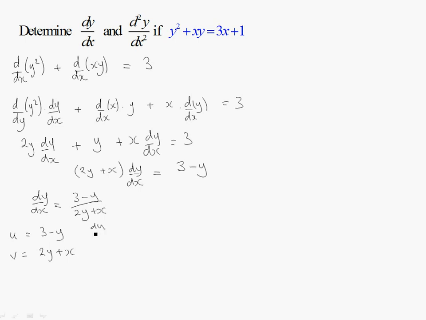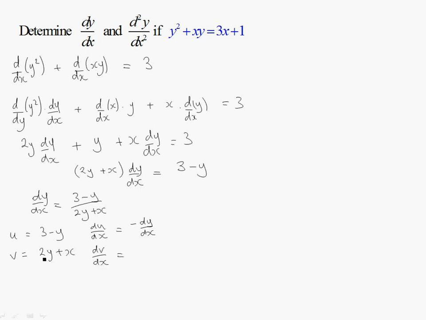So du by dx will be, differentiate 3, it disappears because it's a constant, differentiate minus y, and we'll get minus dy by dx. Seems a bit confusing to start with, but you get used to it after you've done it a few times.